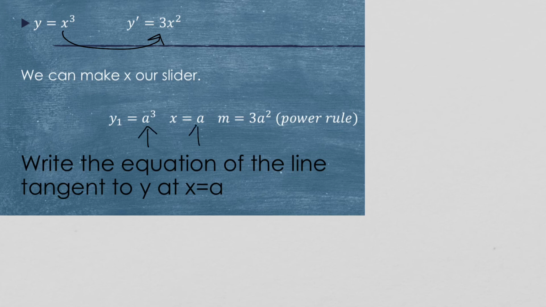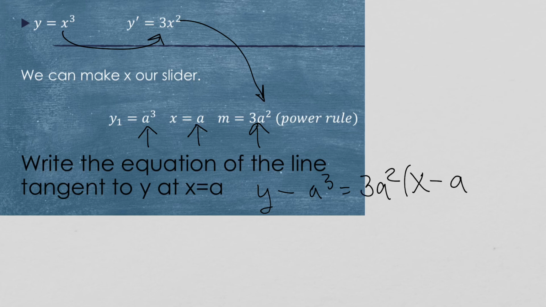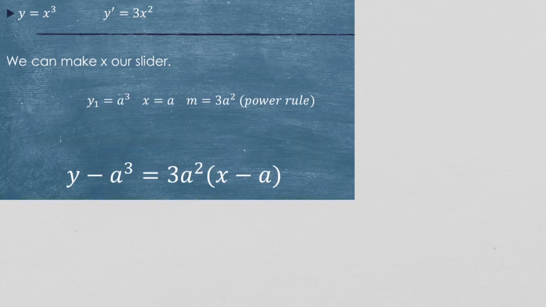We have our x as a. We found our slope, which is our tangent, right? 3a squared. And now we're going to organize it. So it's going to say y minus a cubed equals 3a squared times (x minus a). And there it is.